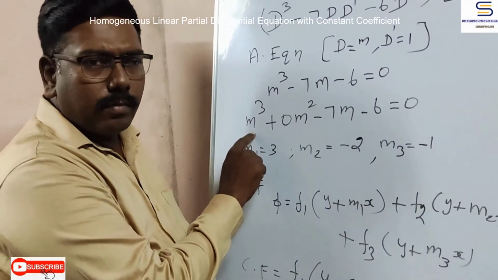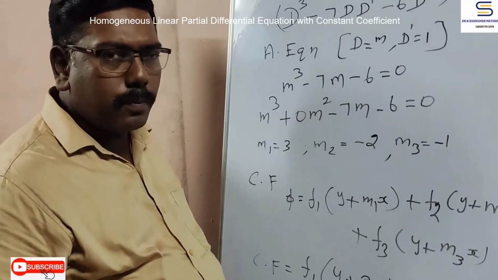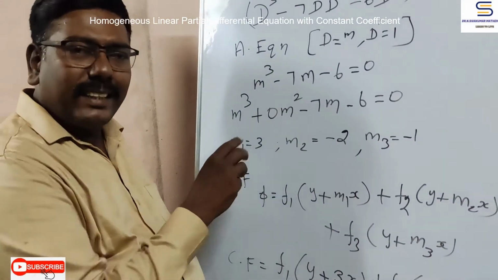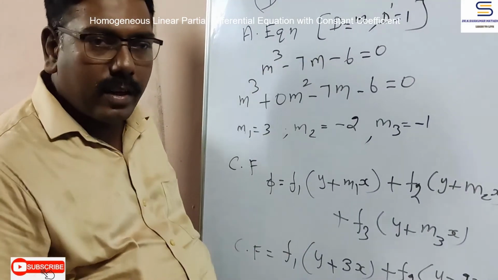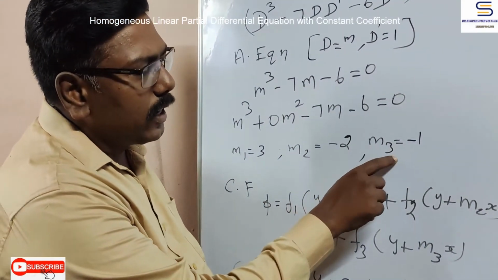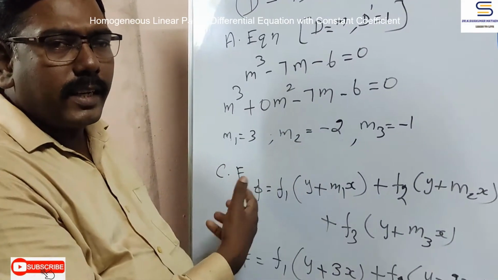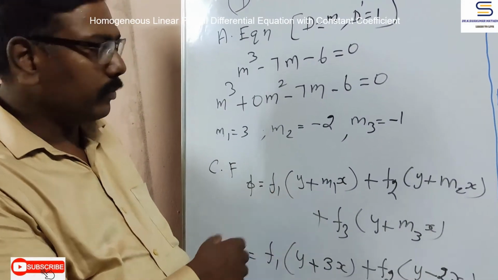For solving this, we can use a scientific calculator that I already explained. We get 3 different m values, 3 different roots: m1 equal to 3, m2 equal to minus 2 and m3 equal to minus 1. You can also write in ascending or descending order, any way.